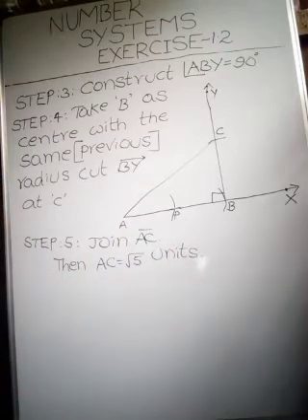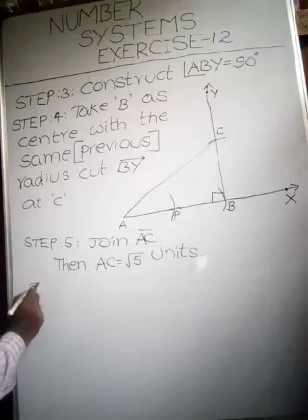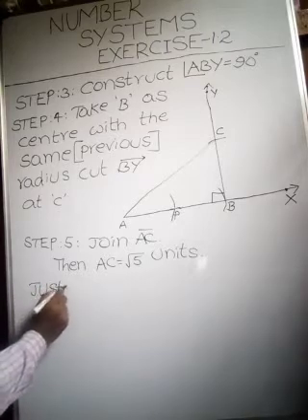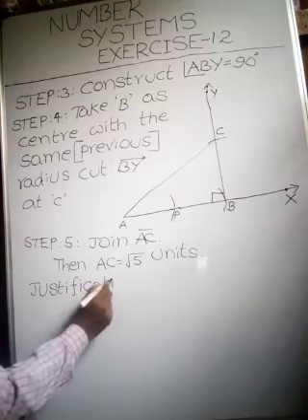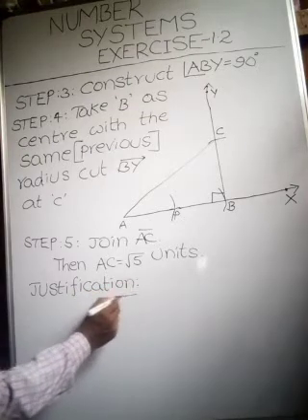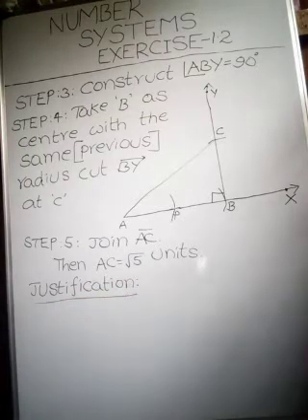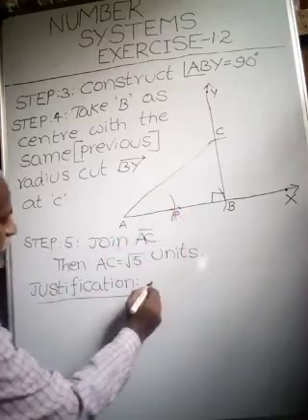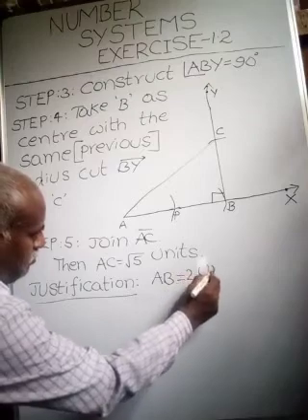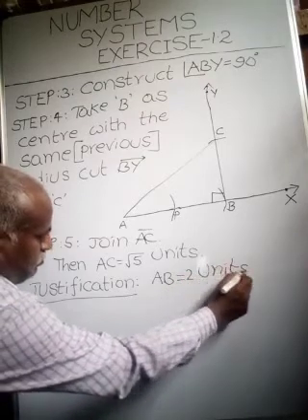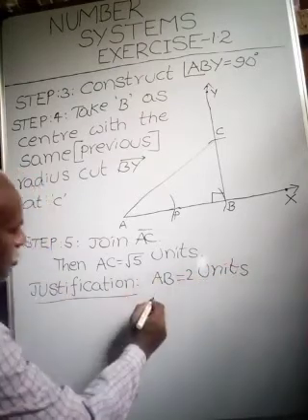Because, see here, we have taken AB equal to 2 units, and BC equal to 1 unit.